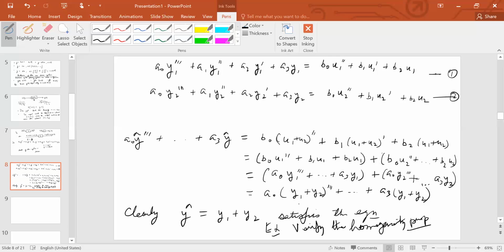So you shall see that ultimately, at the end of the day, both homogeneity and additivity hold here in this case. Therefore, this system described by constant coefficient differential equations such as this is an example of a linear system, not just a linear system, a linear dynamical or dynamic system.